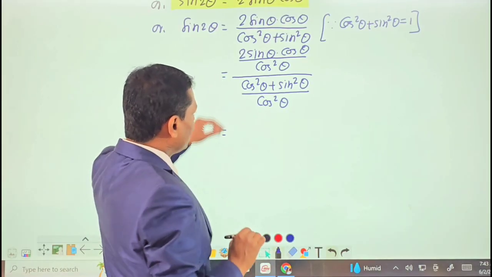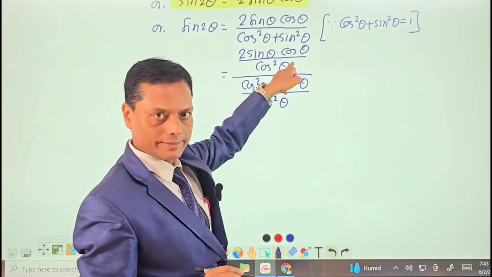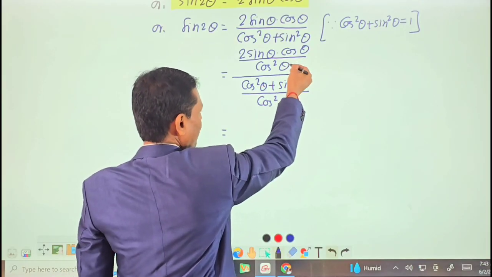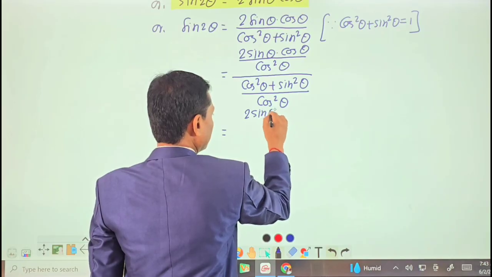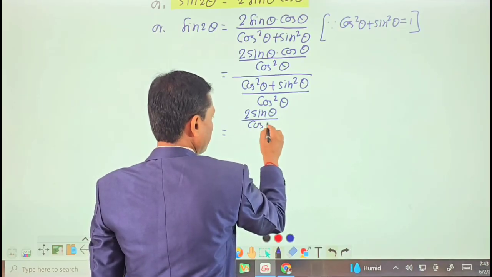As we know, one cos will cancel up and down, so we'll have 2 sin theta over cos theta.